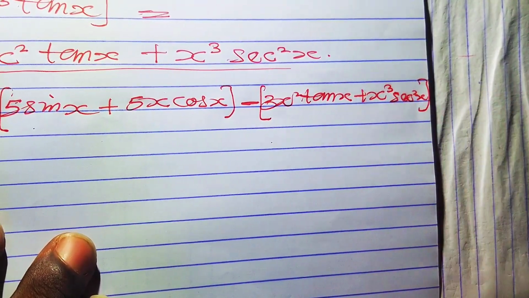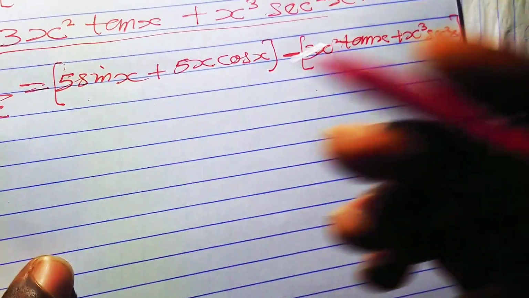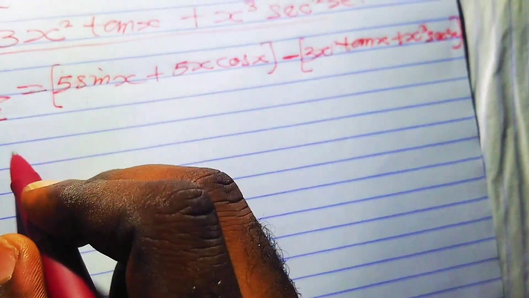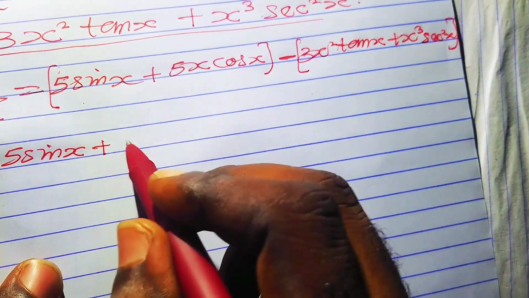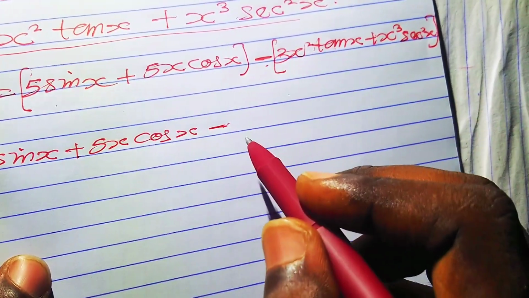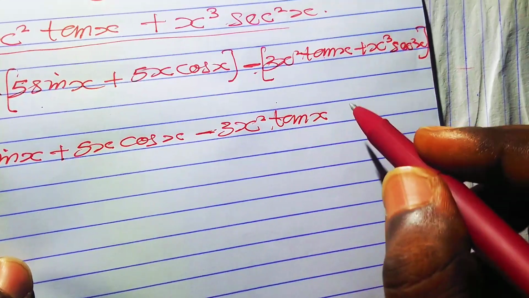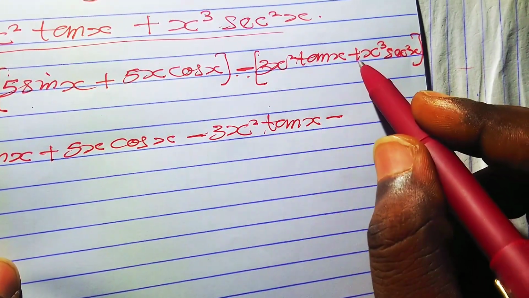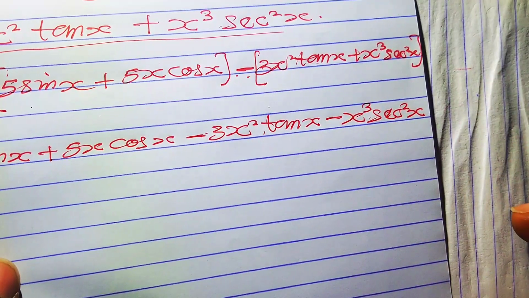Then we proceed and open up the bracket with this negative sign, and what we have here is 5 sine x plus 5x cos x minus 3x squared tan x, minus times plus here, x cubed sec square x.